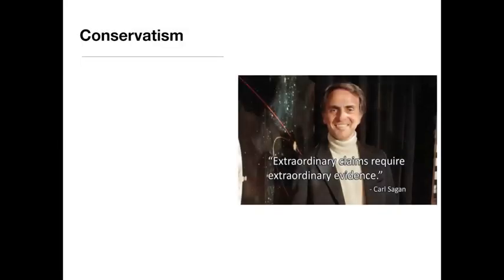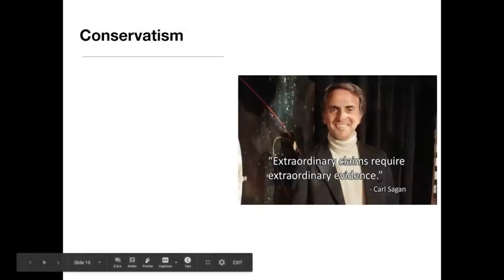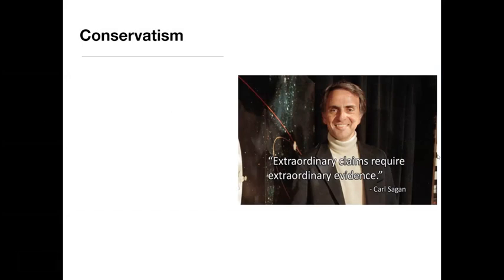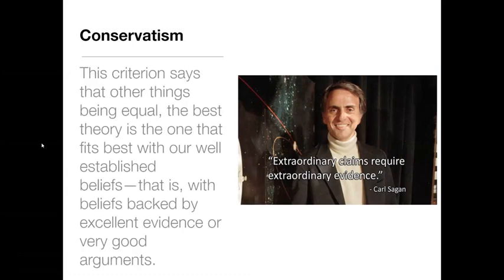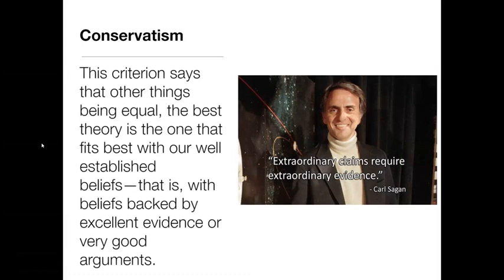And then conservatism. There's the late, great Carl Sagan, whose claim I really still use: extraordinary claims require extraordinary evidence. So remember that with conspiracy theories. But conservatism is an important point. This criterion says that, other things being equal, the best theory or explanation is the one that fits best with our well-established beliefs, that is, with beliefs backed by excellent evidence or very good arguments. And the more extraordinary the claim or hypothesis is, the more evidence you need to produce.